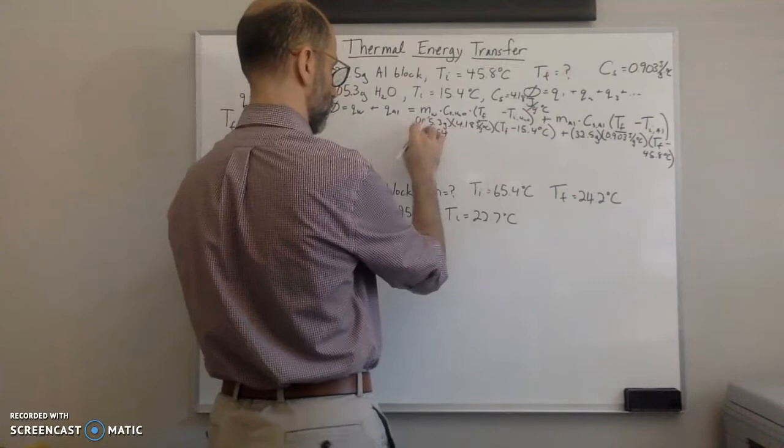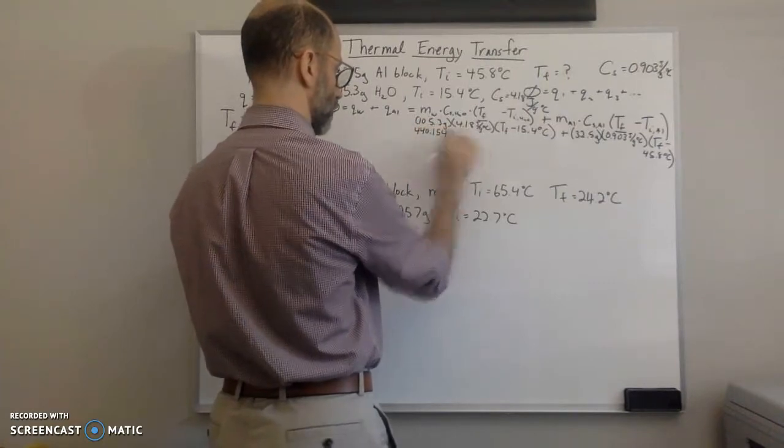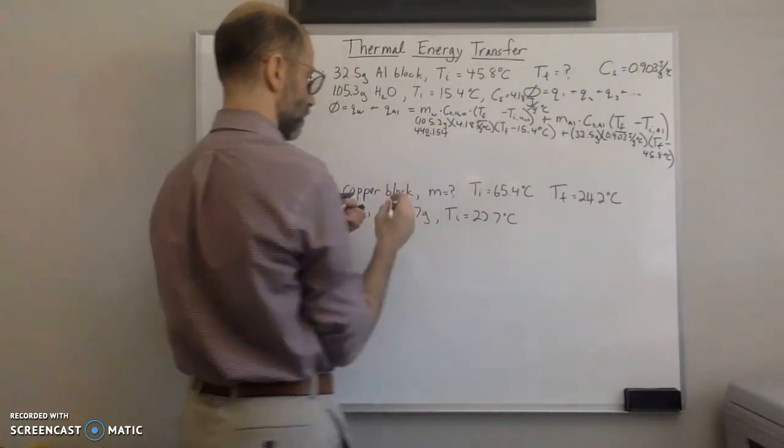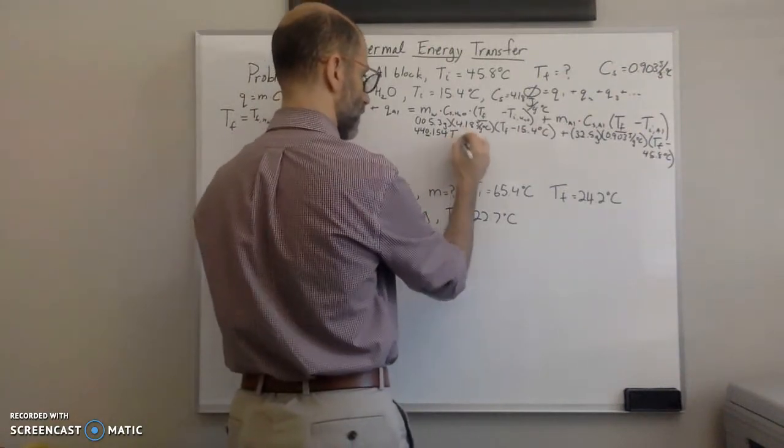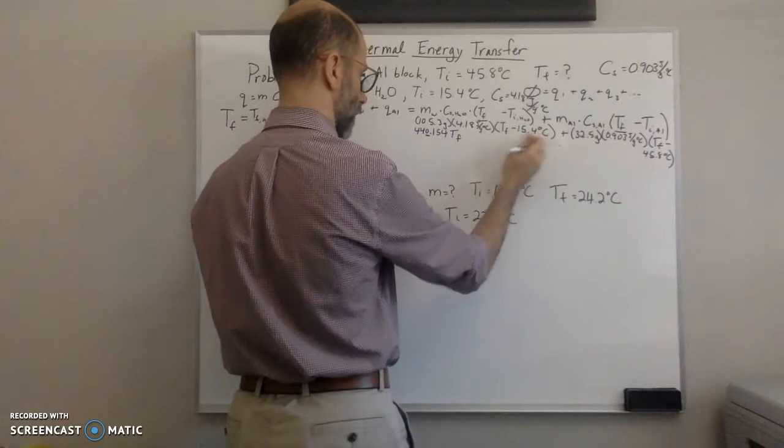This is 3 sig figs, this is 4 sig figs, so our last significant digit is there. That's going to be multiplied by TF, since we're going to multiply this throughout.